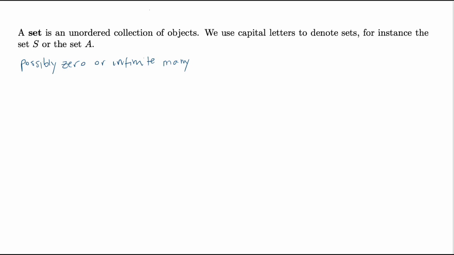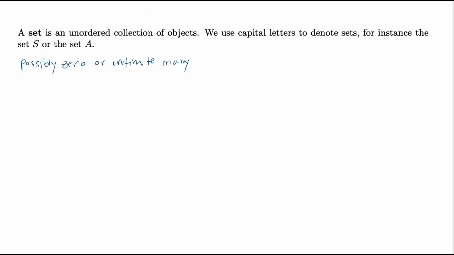Although I said that finite mathematics doesn't cover anything with infinity, there are sets that have infinitely many objects. It won't be the focus of the course, but there are some sets that have infinitely many objects.